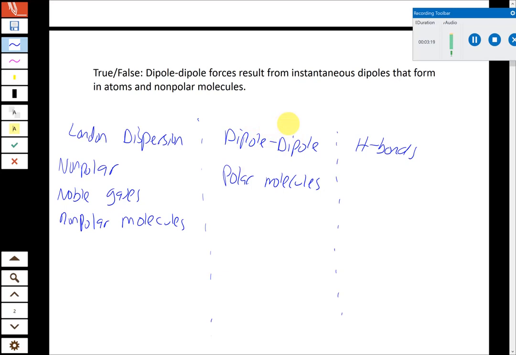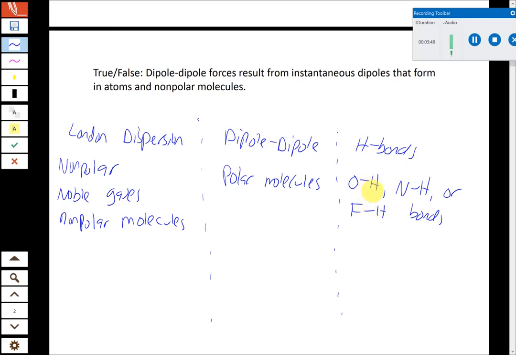And then hydrogen bonds are a special type of dipole-dipole interaction, for anything that has OH, NH, or FH bonds. So if you have a molecule that has one or more of these bonds in it, that will be polar, but when it's an OH, NH, or FH bond, it's especially polar.